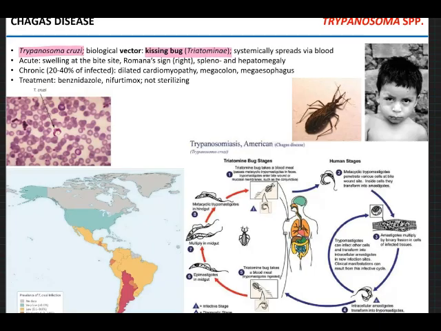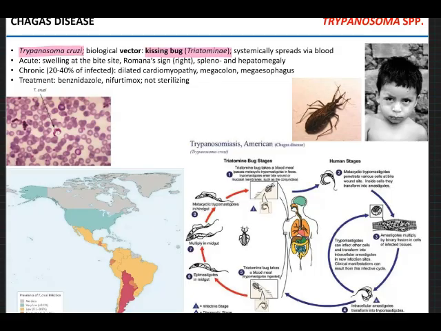During the night, it's feeding time, it lands on a human face and bites either the corner of the mouth or the lateral commissure of the eye, because the skin is kind of thin. The bite is very, very small. It's a surgical incision, takes a blood meal, poops in the wound, and leaves.